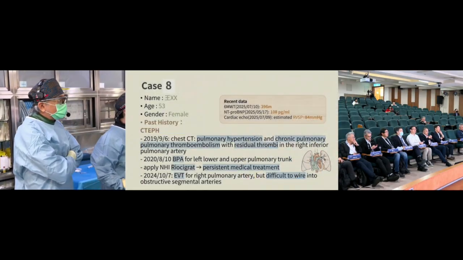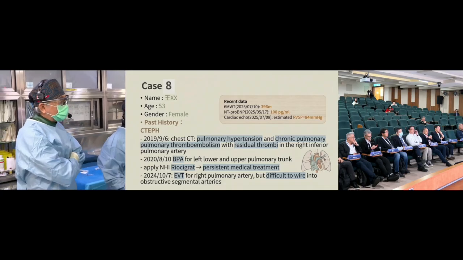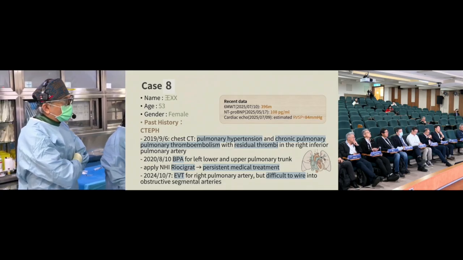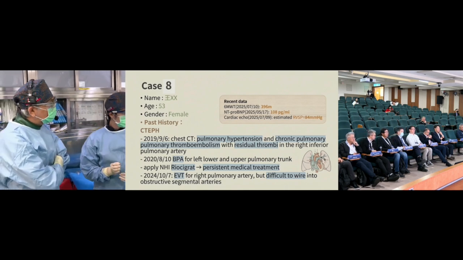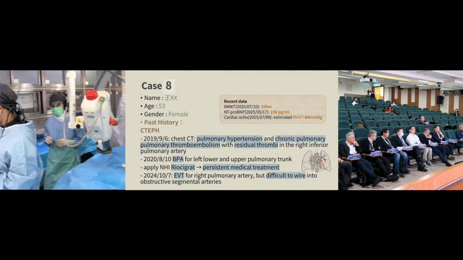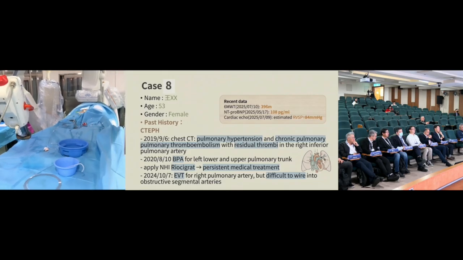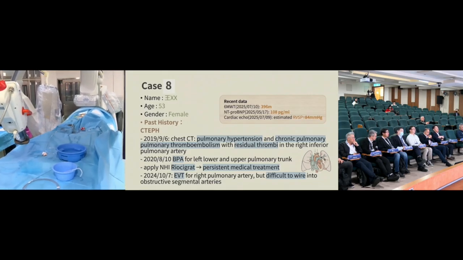This is a 57-year-old female with a long history of CTEPH. We just finished the right heart cath, and she is a very high-risk CTEPH patient because we found the mean PA pressure can be up to 55 mmHg, and the PVR is estimated at over 13 Wood units.